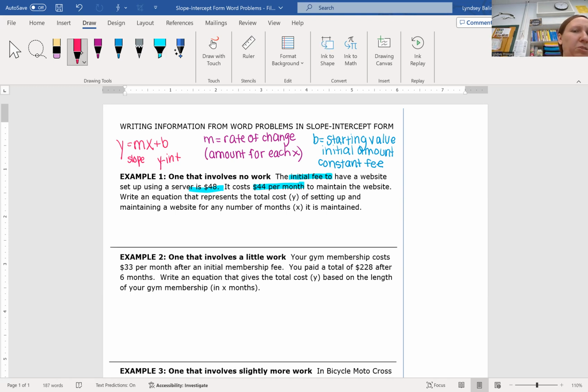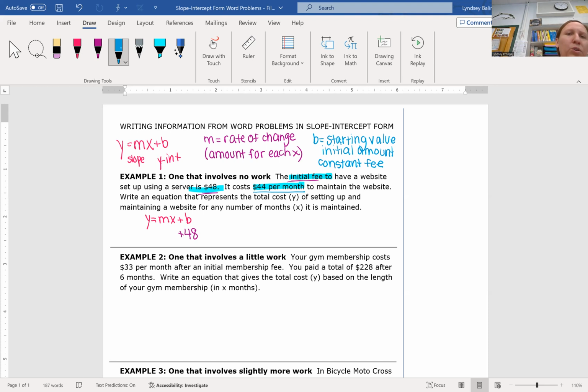Okay, so I know my general form is y equals mx plus b. Okay, if you are one of those visual people, it is still okay to write that down first. Okay, I'm going to start with the starting value. So our starting value was that initial fee in this case, okay, which is our $48. So that is our b. And then we also have that $44 per month.